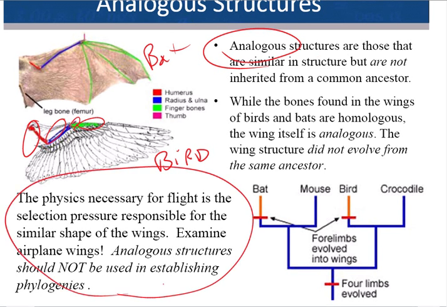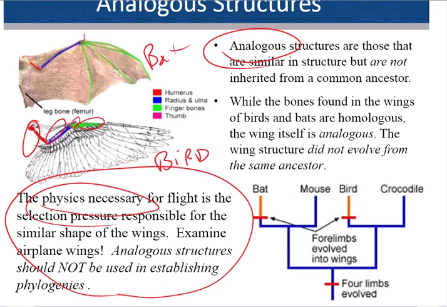Similar selection pressures. It was advantageous, in light of the selection pressure for flight, for the development of very similar structures between bats and birds. Both of them benefited from that structure, but they did not evolve them from the same ancestor. They did evolve them under similar selection pressures, in this case the physics of flight.